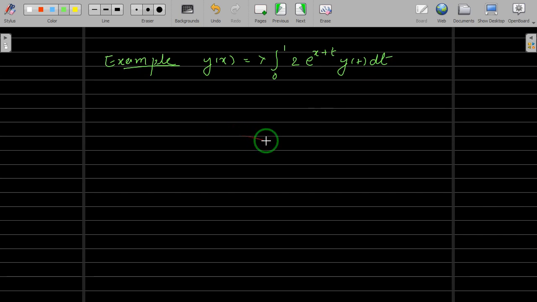Try to solve this. Remember one thing, you can apply this method only if you have a second kind Fredholm integral equation which is homogeneous and has a separable kernel. Try to get the solution of this.